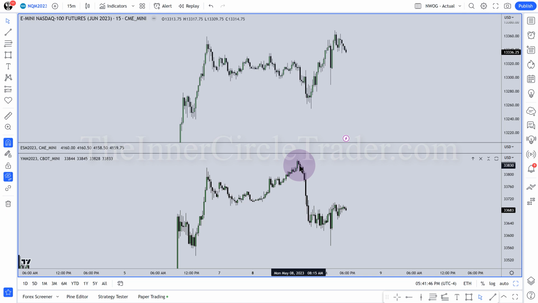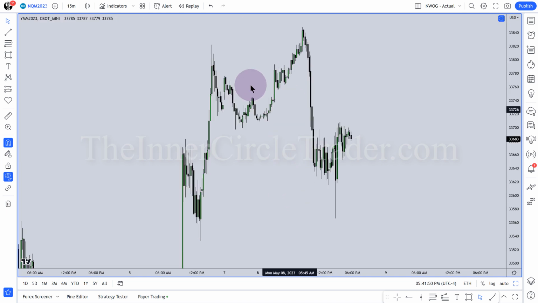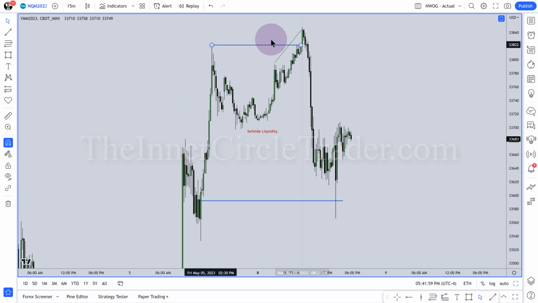So if I take this idea and show you on the Dow, we penetrated this high here. Let's add some lipstick to it. So you have the high broken here at 8 a.m. Higher high. Both this high and this high was exceeded with the Dow.